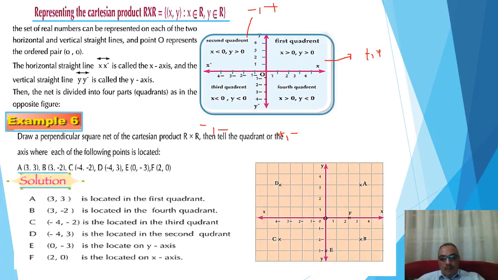Draw the Cartesian plane and plot A, B, C, D, E, F: A (3, 3) here, B (3, -2), and C (-4, -2). It's very easy. D and E are located on the y-axis, F is located on the x-axis.